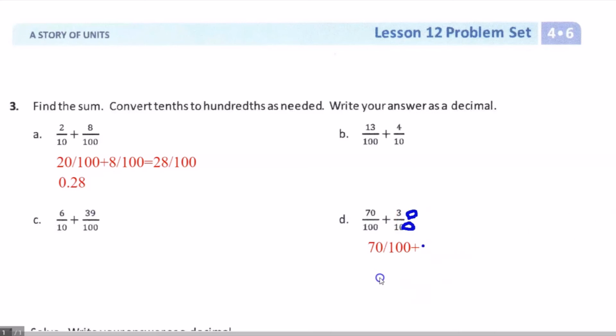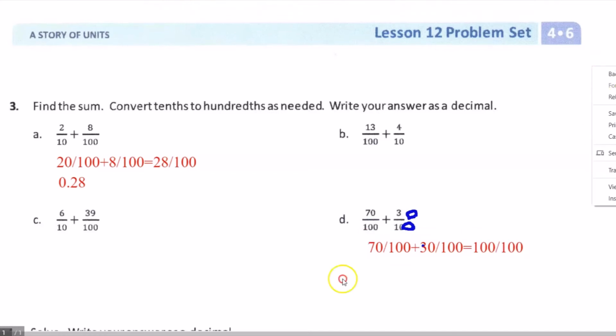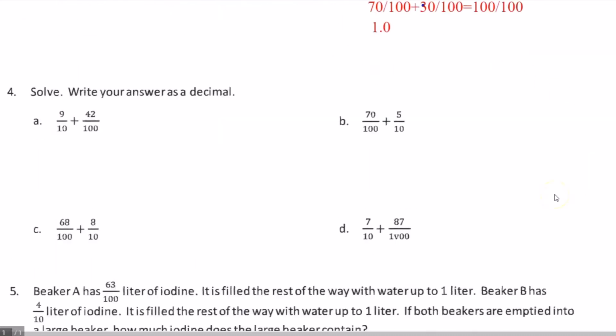So let me go back to the text box. 30 hundredths equals 70 plus 30 equals 100 over 100. What does that equal as a decimal? Well, remember, any number over itself is equal to one whole number. Okay? So that's going to be 1.0. No extra hundredths, simply just one whole number. Okay, we need to practice that.